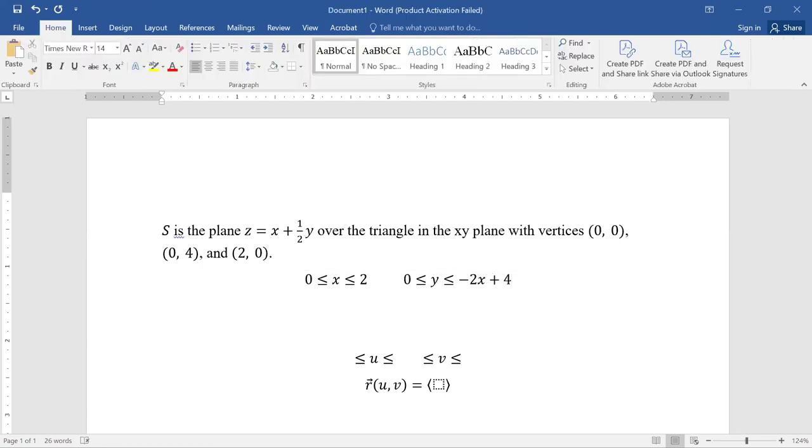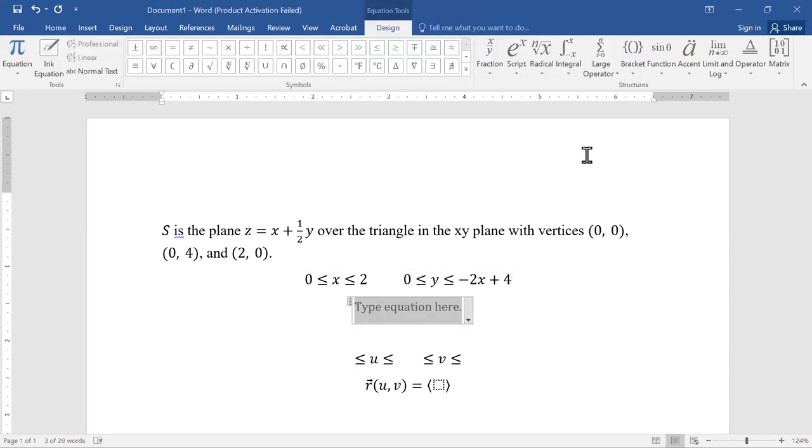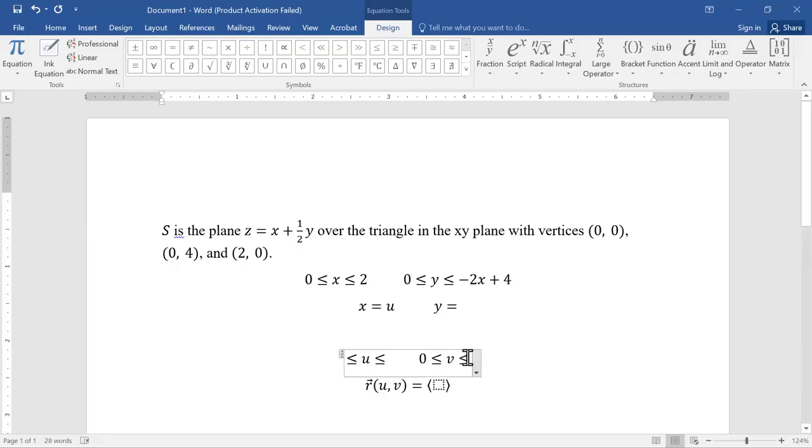Now we've done this a number of times. We let x be equal to u, and then we're going to let v go from 0 to 1. U here obviously is going to go from 0 to 2 because that's what the x bounds are. V is going to go from 0 to 1.